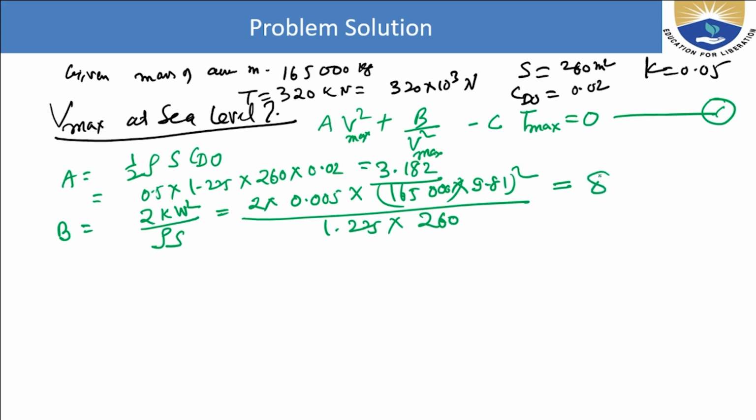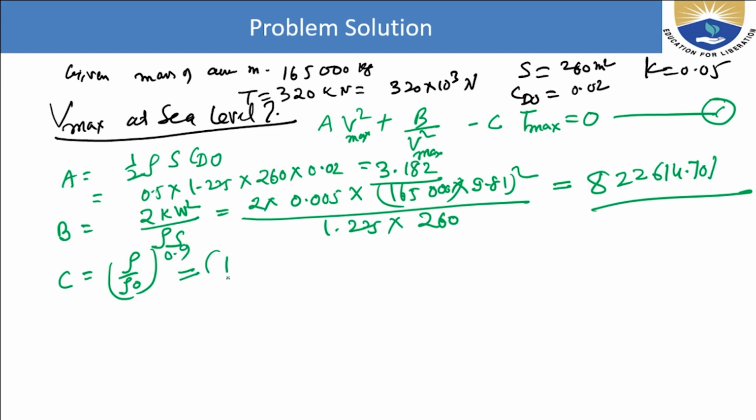After calculation we get 822,614.701. We got B. Now we have to find C, which is rho by rho naught to the power 0.9. So you will get 1 because it is at sea level.